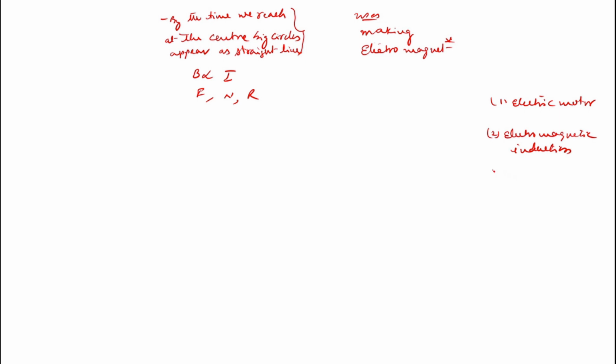So the third application is the electric generator. Again a question will come: mechanical energy is converted into electrical energy. That means mechanical energy is used to rotate a conductor in a magnetic field to produce electricity.